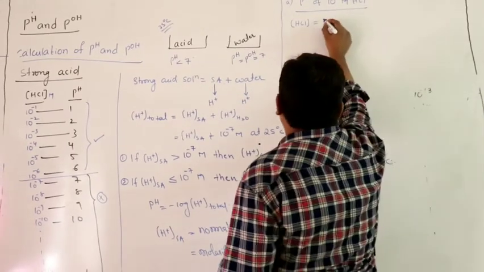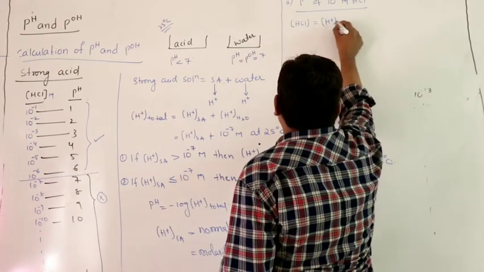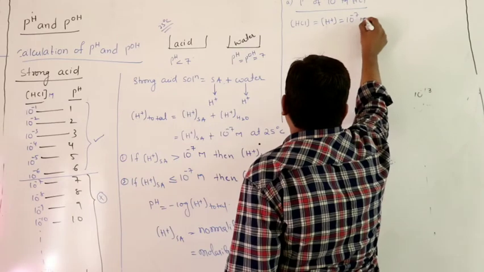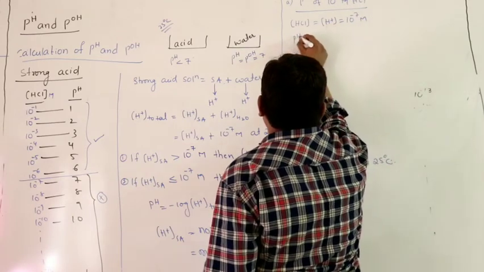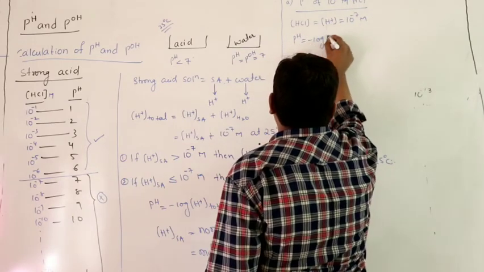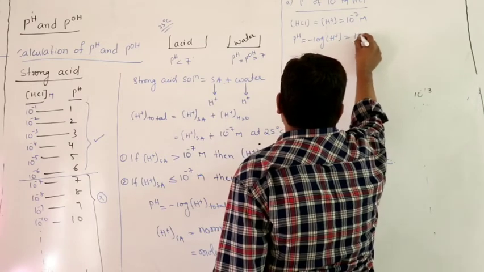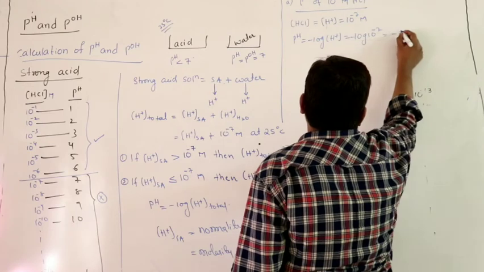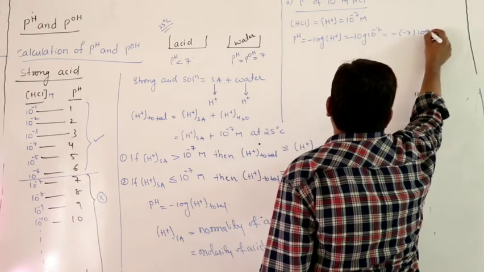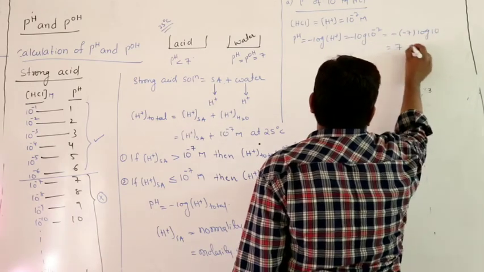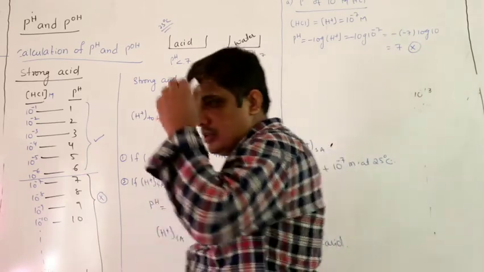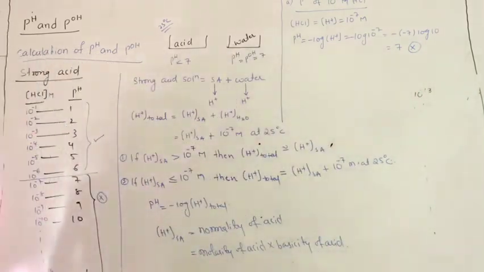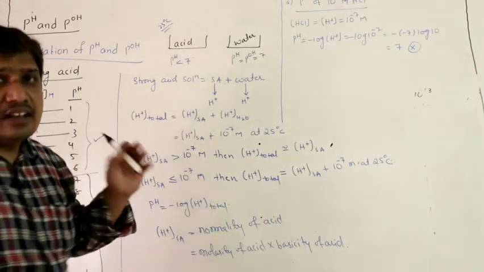So H plus ion concentration is 10 power minus 7 molar. So pH equals minus log H plus, minus log 10 power minus 7. So minus of minus 7 into log 10, this is equal to 7. But your answer is wrong, because acid solution pH should be less than 7.